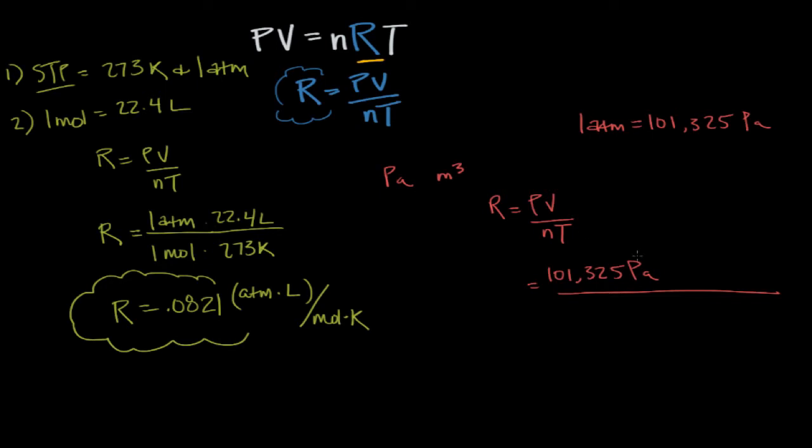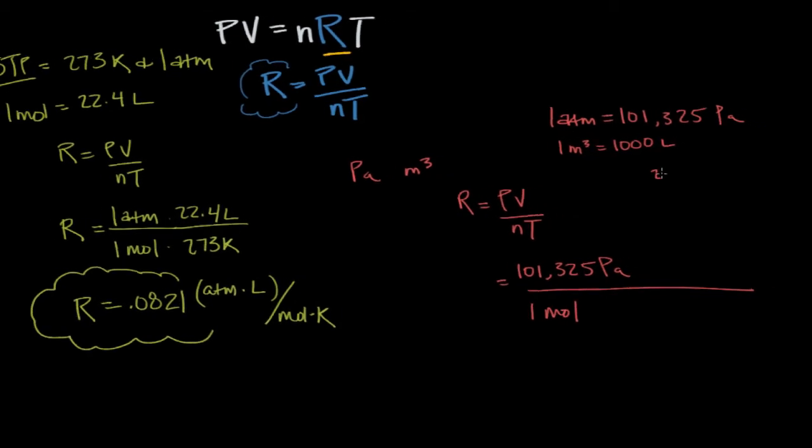We're still going to use 1 mole of gas. But instead of measuring the volume of 1 mole in liters, instead of saying that it's equal to 22.4 liters, I want to do it in cubic meters because that's another SI unit. 1 cubic meter is equal to 1,000 liters.